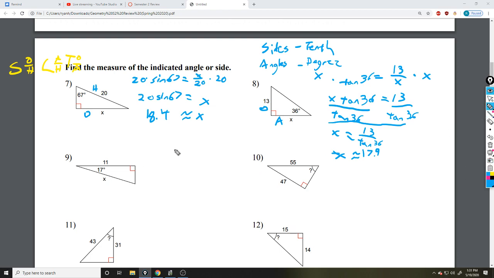And finally, this one we're going to use cosine of our angle, because we know adjacent and we're trying to find hypotenuse. Adjacent and hypotenuse, that's cosine. Cosine equals adjacent, which is 11, on top, over hypotenuse on the bottom. And so we'll solve that the same way we just solved that one.